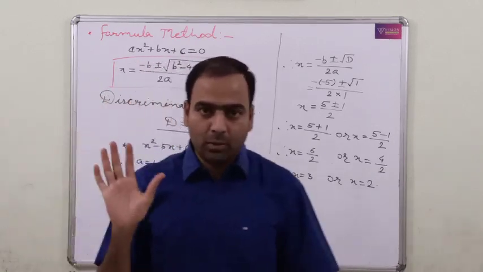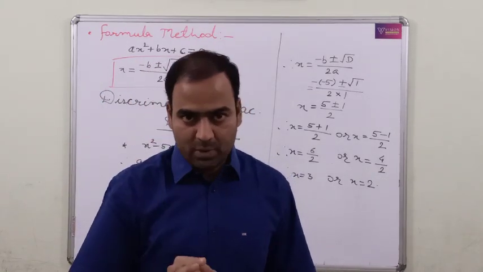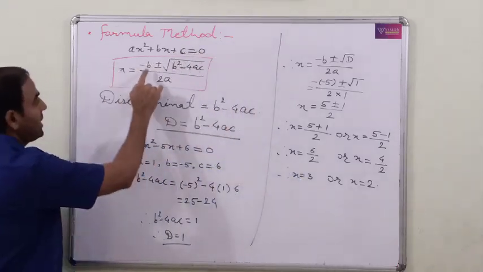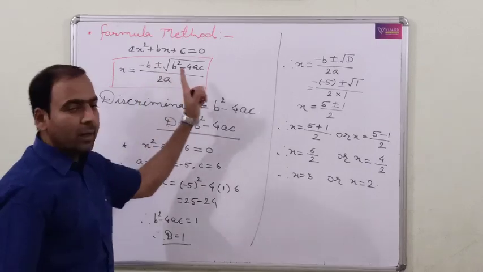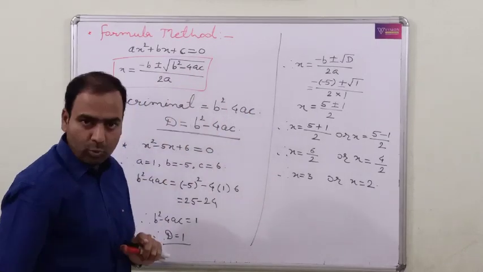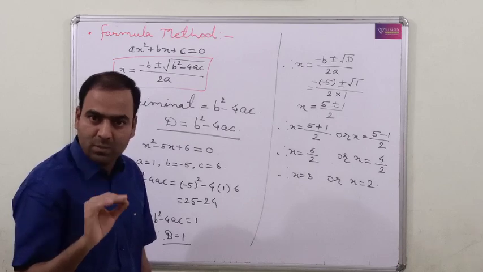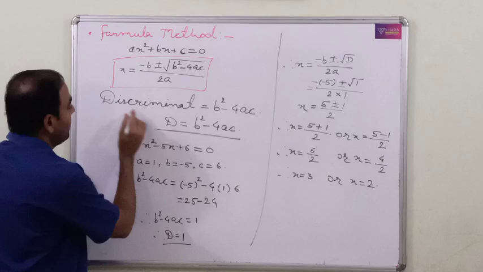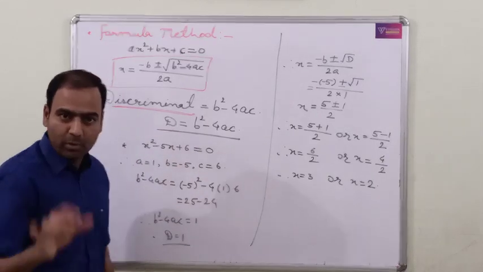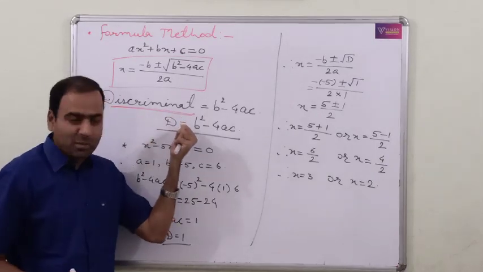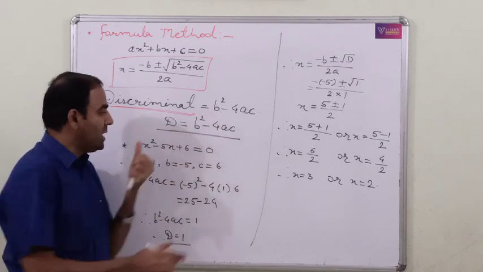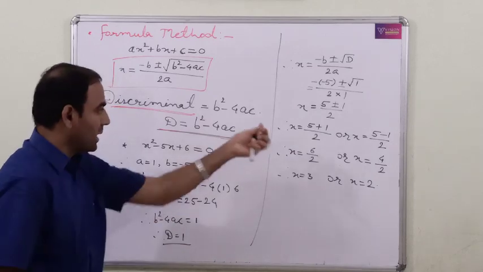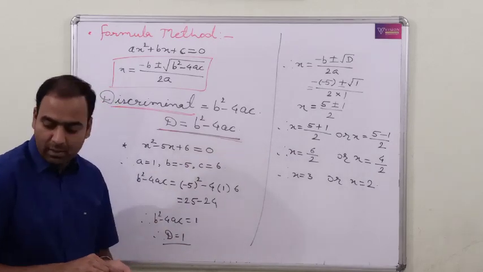This is our formula for finding the roots of the quadratic equation by formula method. इसमें under root b square minus 4ac जो है, तो टर्म क्या है, b square minus 4ac. तो उसको क्या बोलते हैं? हम discriminant बोलते हैं, पूरी दुनिया ही बोलती है. Okay, so it is called the discriminant, denoted by D, is equal to b square minus 4ac.